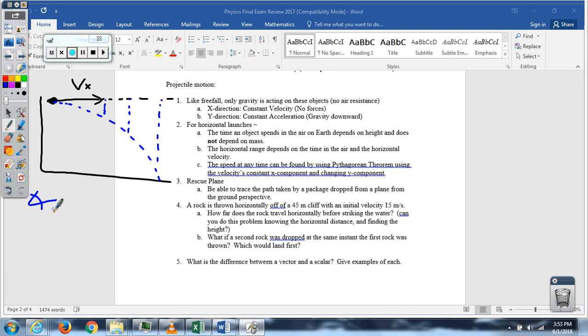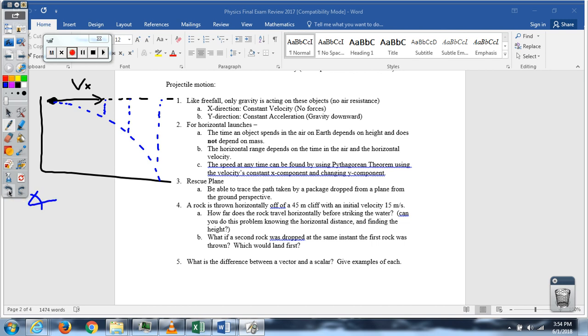To the point of view of somebody outside, even if there is air resistance, the package is let out of the plane and still travels forward a little bit before dropping straight down. That is with air resistance. I'm going to erase that now because I don't want that to affect your thinking. But assume no air resistance unless you're told to think about it.